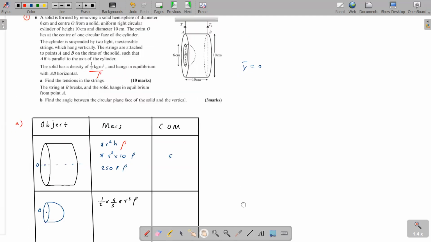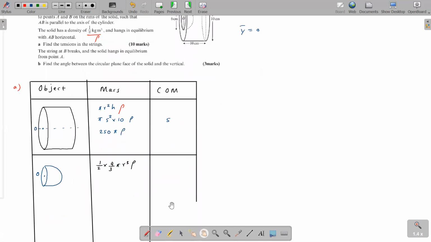And what about the radius? The radius is 3 centimeters, right, guys? So half of 4/3 is 2/3 pi radius cube. The radius is 6 divided by 2, that's 3 cube, into rho. So 3 cancels 3 and 3, so that's 9 times 2, 18 pi rho.